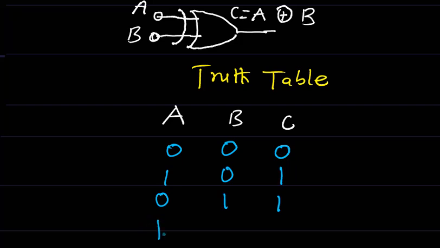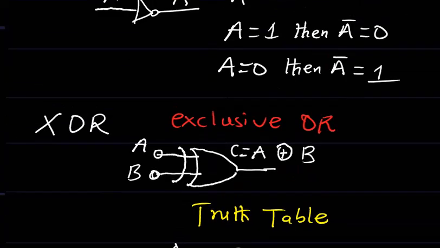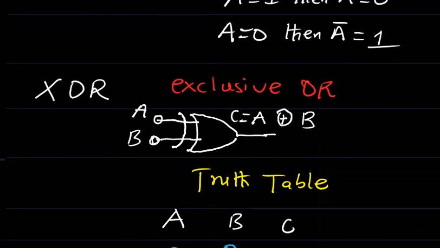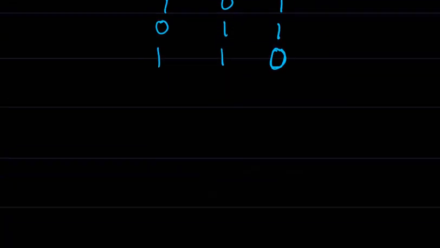If A and B are both low, output will be low. If A and B are both high, output will be low. So that is the exclusive OR gate. I hope that is well understood.